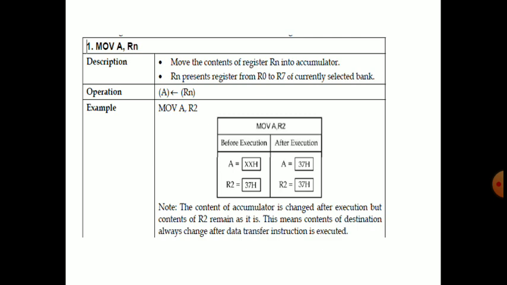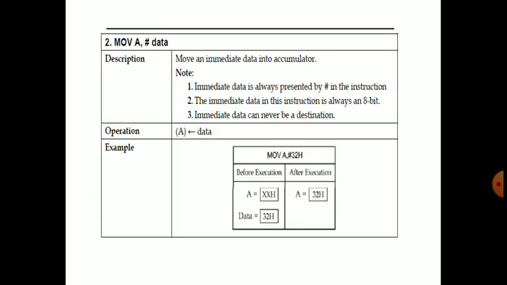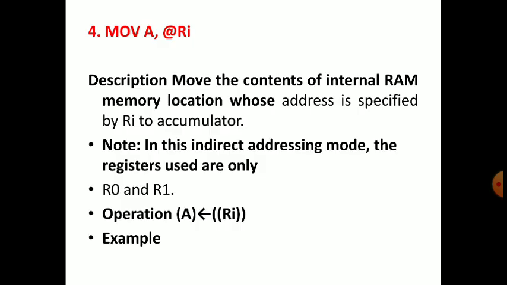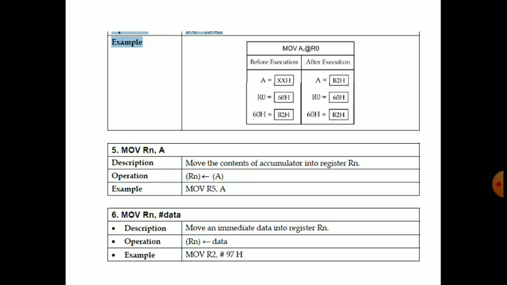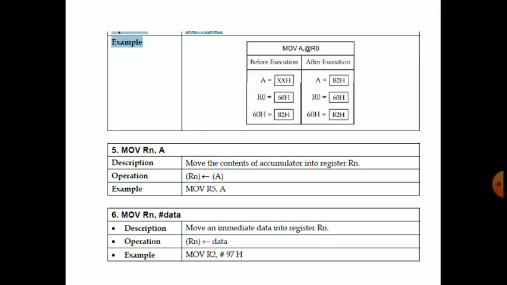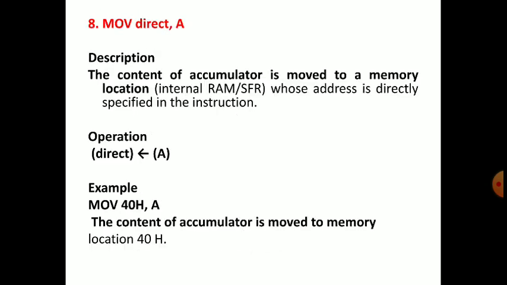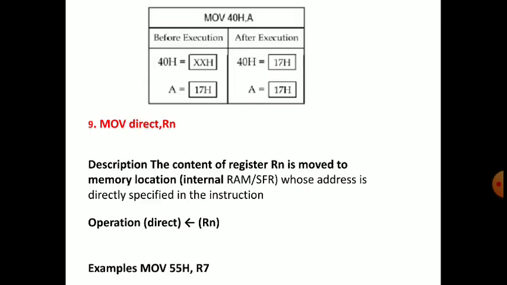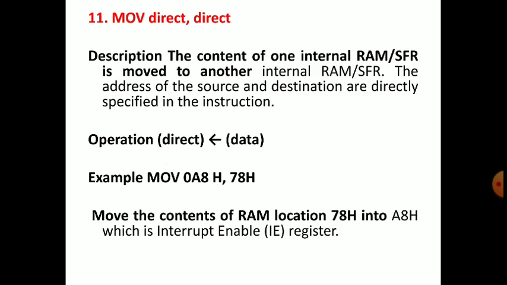So some of the instructions will not be allowed, right? MOV A,Rn is possible, MOV A,#data, MOV A,direct, MOV A,@Ri. Then afterwards MOV Rn,A. You can write side by side all these instructions. Then the fifth one to the side: MOV Rn,A, MOV Rn,#data, MOV Rn,direct, MOV direct,A, MOV direct,Rn, MOV direct,#data, MOV direct,direct.